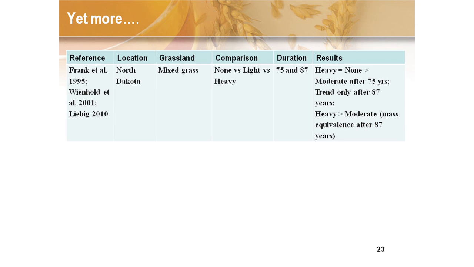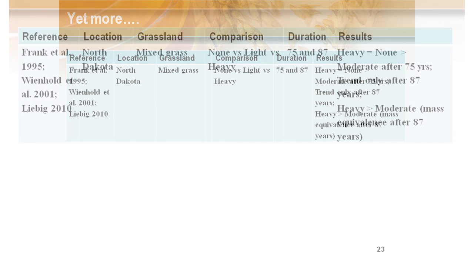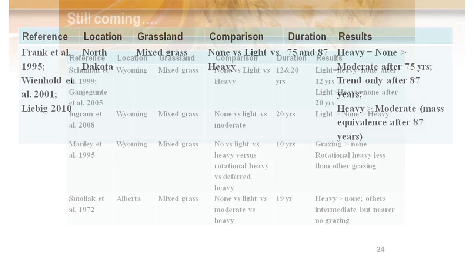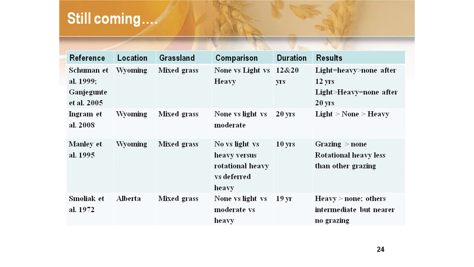Then you move toward more studies. These are repeated studies on the same experiment after two different periods, where you're seeing grazing effects that aren't necessarily consistent. And then we get to a range of studies really showing that grazing has more carbon than no grazing.